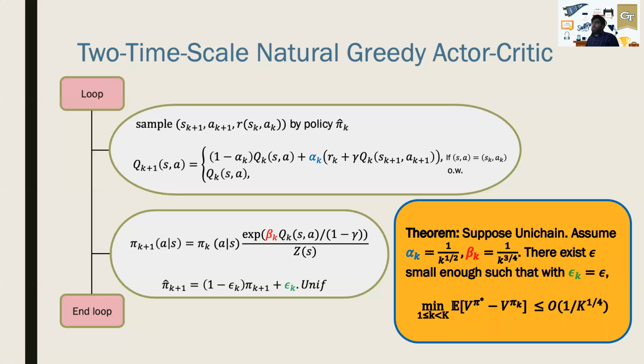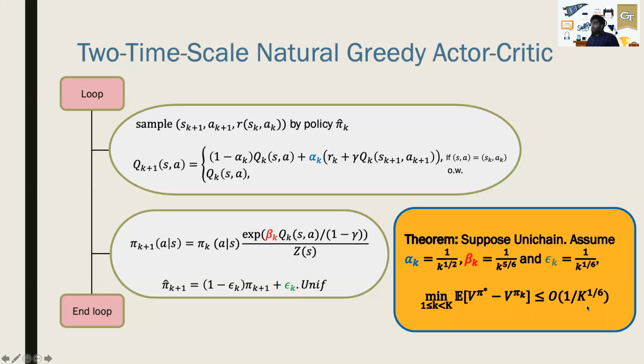Our main contribution here is that we show, under the single assumption of the Unichain, and with these step sizes, there always exists an epsilon small enough such that if you set epsilon k equal to epsilon, you converge with a rate of 1 over k to the power 1/4. Furthermore, if you want global convergence without fixing an epsilon, you can choose these step sizes, and you can converge with 1 over k to the power 1/6.